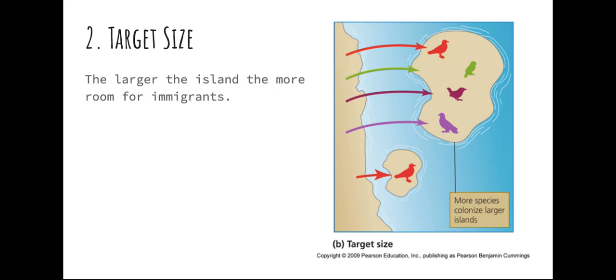It's very easy. The second one is the target size. If I have a species flying over the ocean, I have a better chance of it migrating onto a larger island compared to a smaller island, because they might just miss the small island and tend to migrate towards a larger land space.